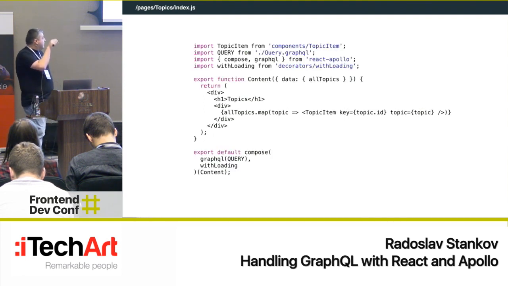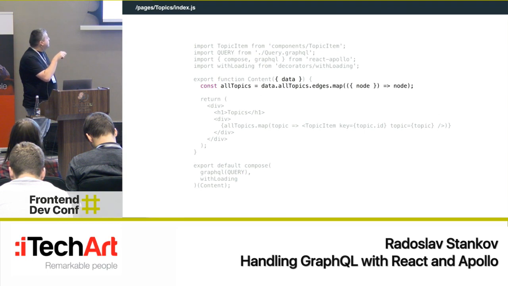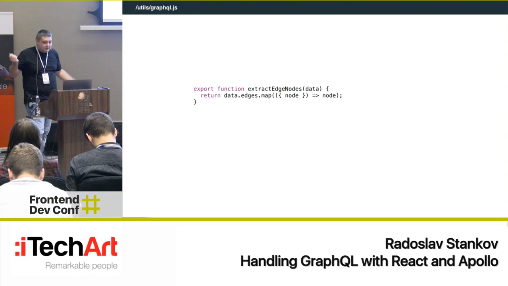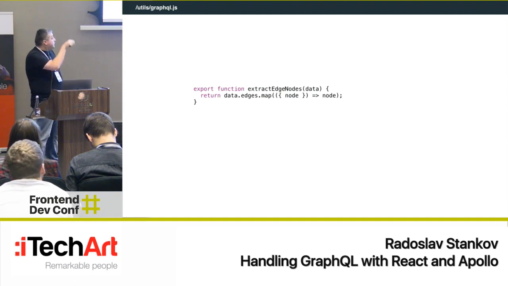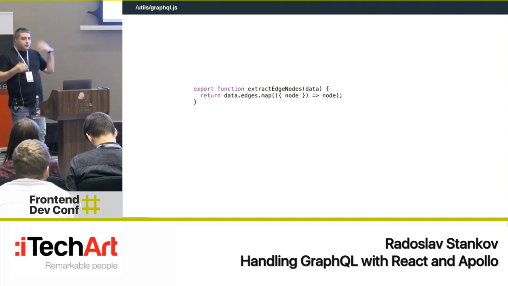So this was our query before. The only thing we need to change now is move these all topic variables to here, and we say data, give me all topics, give me the edges, and map those edges to nodes. You have to write this every time, and I'm lazy, I don't want to write it. So you just extract it to a function, a simple function where you give it a connection and it gives you all the nodes, because for showing stuff in the list, you don't care about anything else.